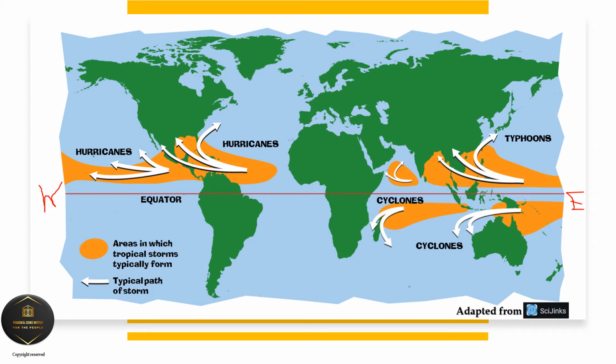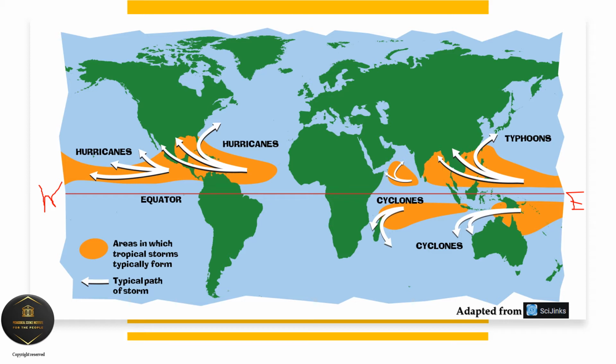What causes that? Remember, they are located in the easterly wind belt, and the easterly wind belt, remember, is between 0 and 30 degrees. So your tropical cyclones are in the easterly wind belt between 0 and 30 degrees, while your mid-latitude cyclones are in the westerly wind belt, which is between 30 and 60 degrees.